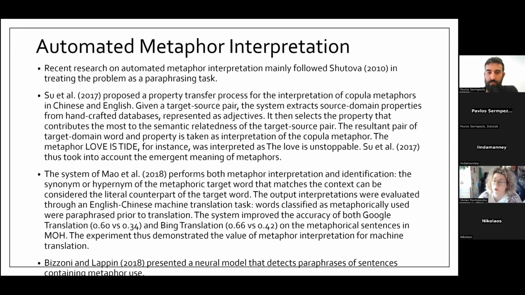This is interesting because it actually improved the accuracy of Google Translate and Bing Translator on the metaphorical sentences using the MOH dataset. The experiment thus demonstrated the value of metaphor interpretation for machine translation. And Pisoni and Lapata presented a neural model that detects paraphrases of sentences containing metaphor use, which was also quite successful.